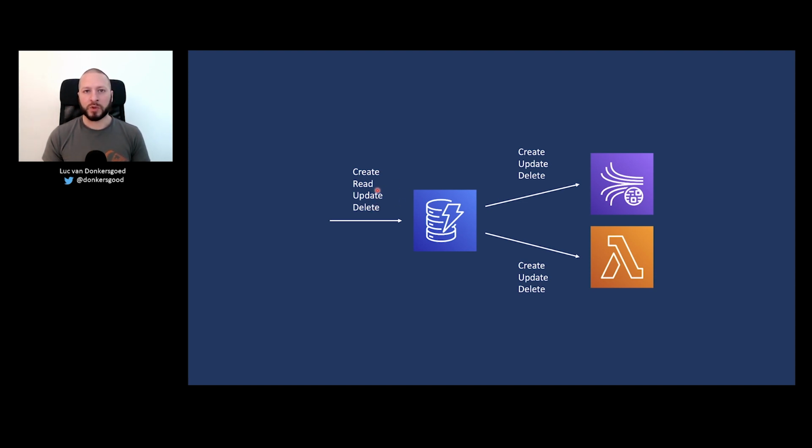And whenever you do a mutation, so that's create, update, or delete, that can trigger an event on your event stream. And that event stream can send its events to a Kinesis data stream, a Lambda function, or both. You can also read directly from the stream with a custom application, but we'll leave that out of scope for today.